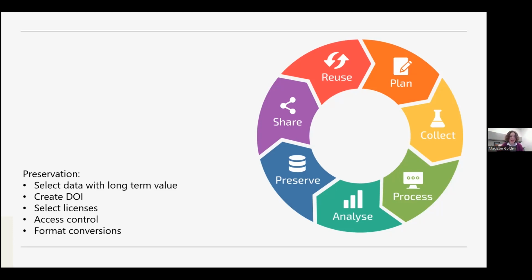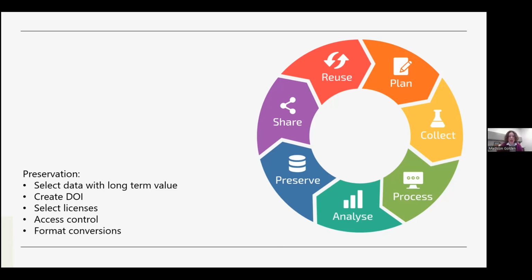But back to preservation, for research data management, it's really important when you're finishing up a research project that you create persistent identifiers if your data is going to be shared. So digital object identifiers or DOIs, and then ORCIDs are a type of identifier for people. So if you don't have one, you might want to, just because they're able to keep everything that you might publish or share over the course of your career as scholars linked together in one place, which is really nice.